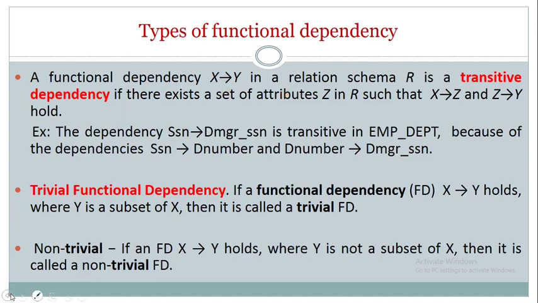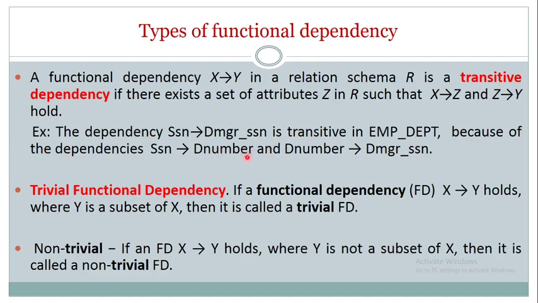Transitive dependencies. A functional dependency X tends to Y in a relation schema R is a transitive dependency if there exists a set of attributes Z in R such that X determines Z and Z determines Y. So according to the transitive dependency, X determines Y. This is called a transitive functional dependency. Let me explain this using a simple example.